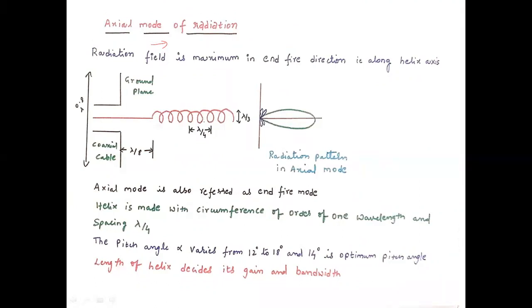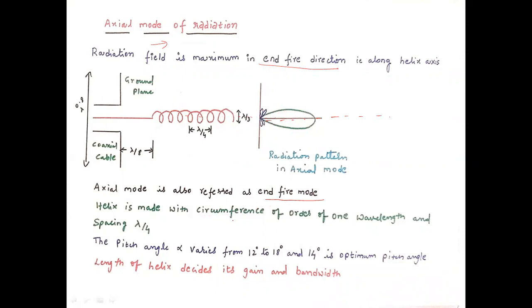Because of that, our radiation efficiency will be increased as well as the bandwidth of operation will be high. This case is referred to as end-fire array mode. And here the maximum we also achieve along the axial direction, the helical axial direction. So this we will also call the end-fire mode of operation.